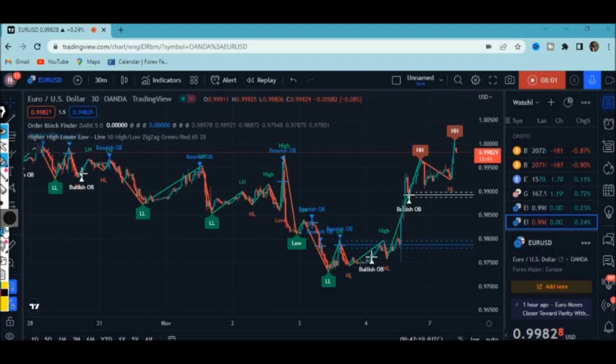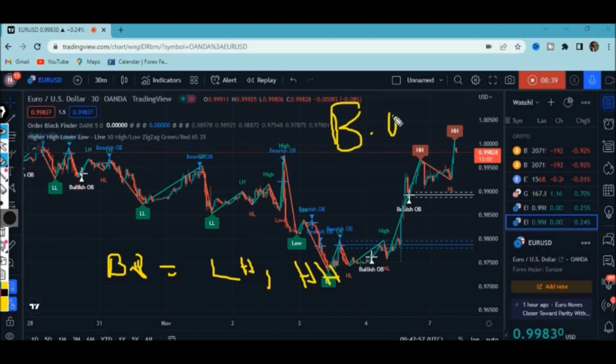This is what I want you to really know. Remember, we have bearish order blocks and we have bullish order blocks. For you to execute trades and to see a valid order block, I am expecting to see a bearish order block on a lower high and on a higher high, and I am expecting to see a bullish order block on a lower low and on a higher low.